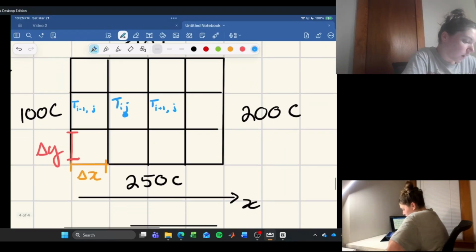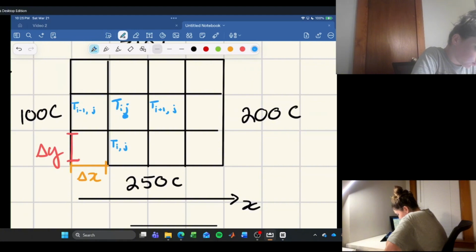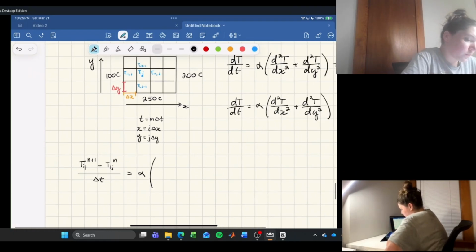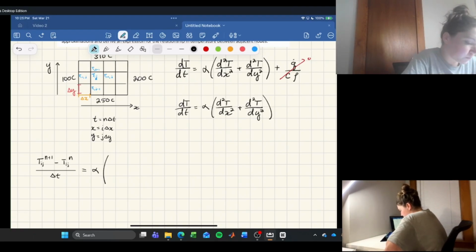And then if we look at the y-axis, the one below it is T where the x is constant, so the i is still the same. This is j minus 1, and the one above it is T i j plus 1. So we're going to use these terms for these second derivatives of the change in temperature over change in position.